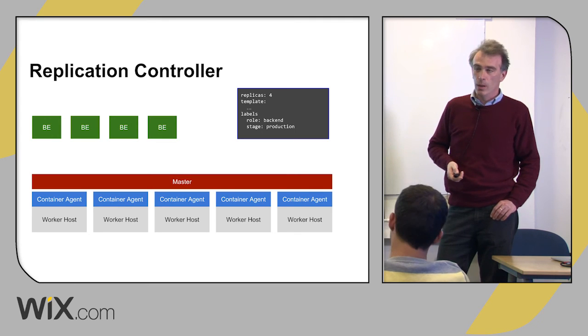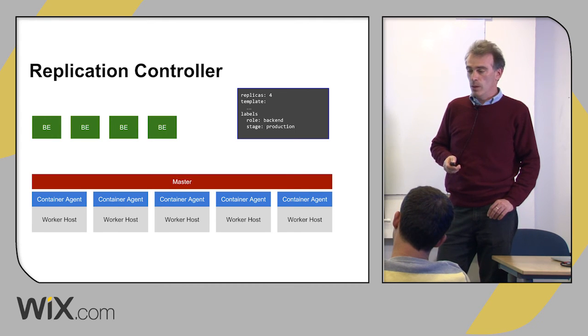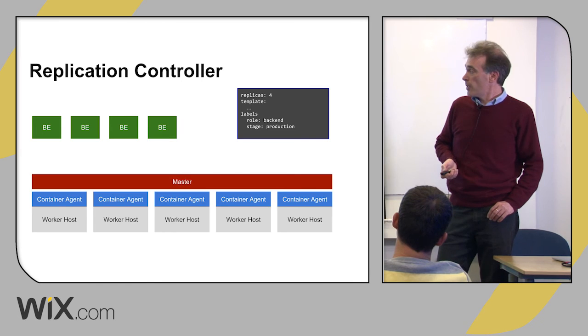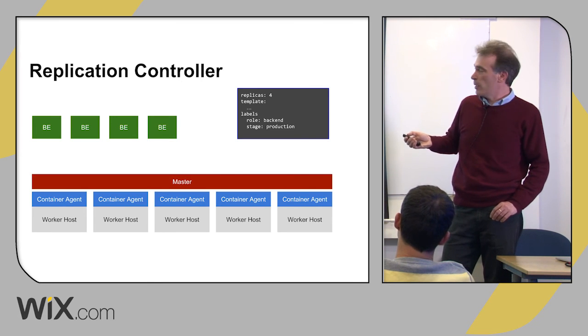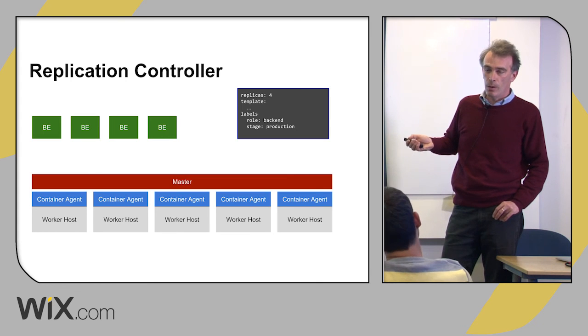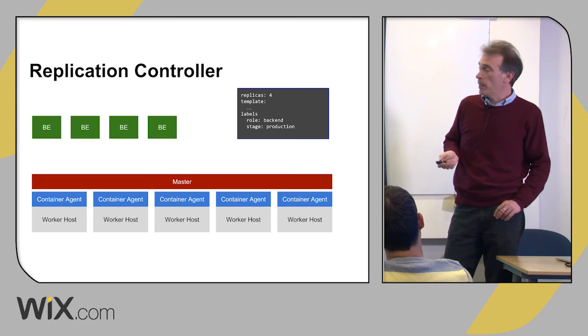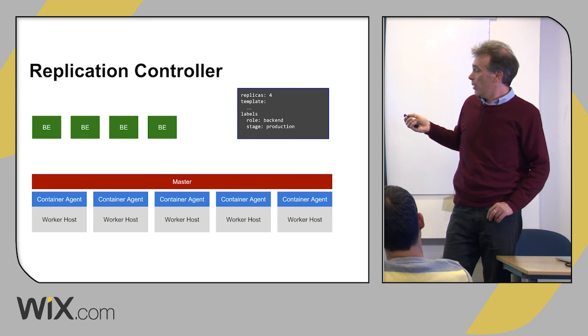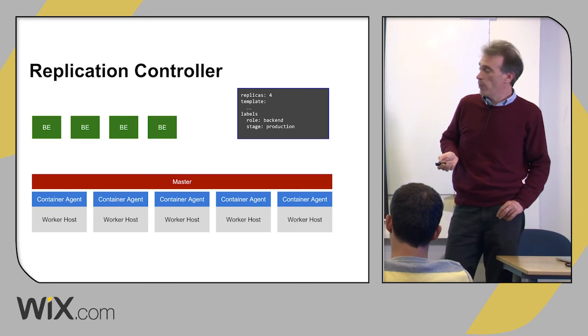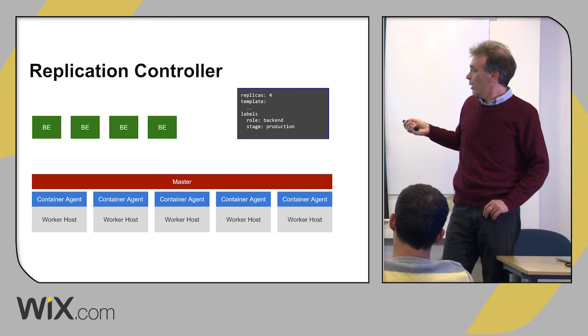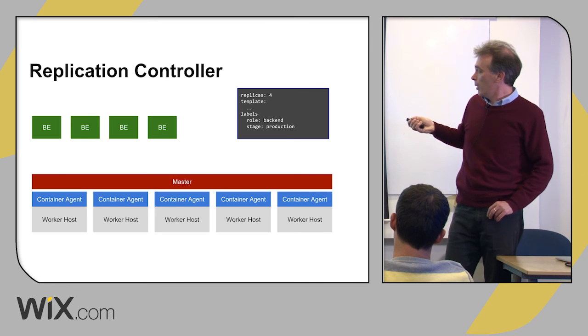A replication controller is also a service provided by Kubernetes that will create our pods according to the specification we provide. We provide the number of instances, replicas, and we provide templates. This is the definition of the pods that we would like to manage, and the labels of this pod.